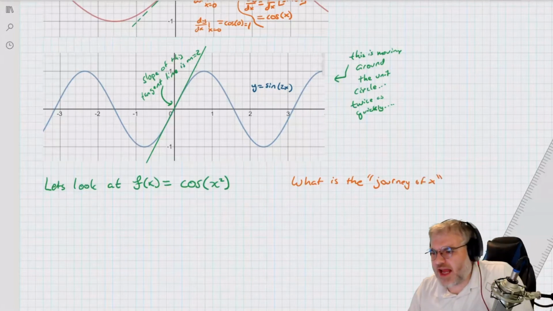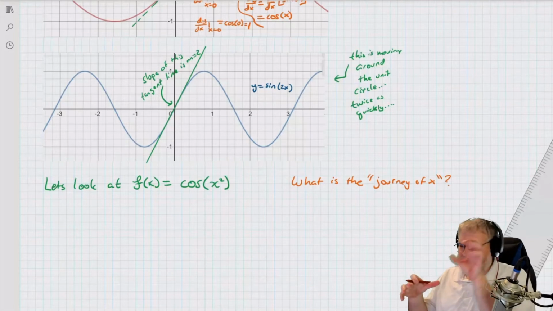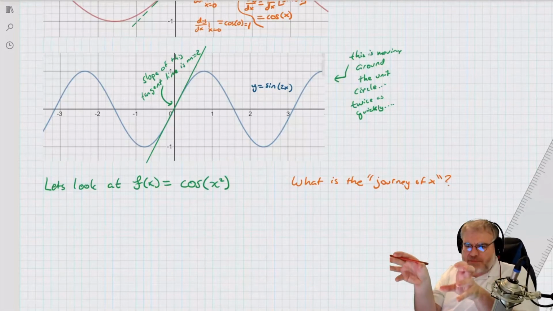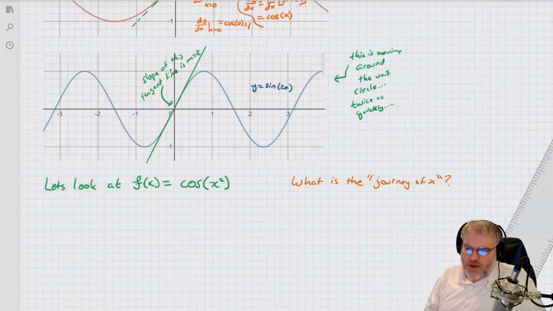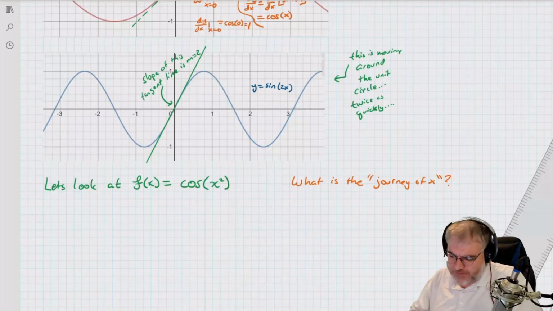Before, when we had products, we had this kind of journey of x where x came in here and x came in here, and then something happened to them and they got multiplied together. Well, now I've kind of got one route for the moment.